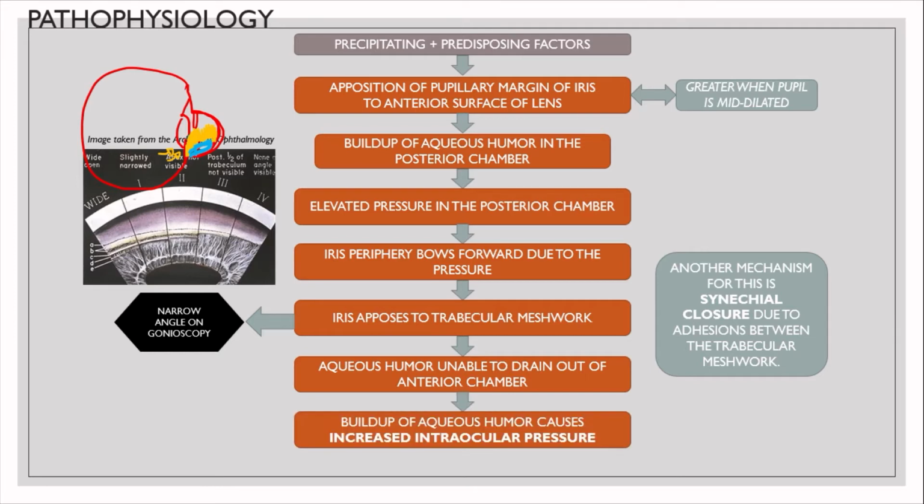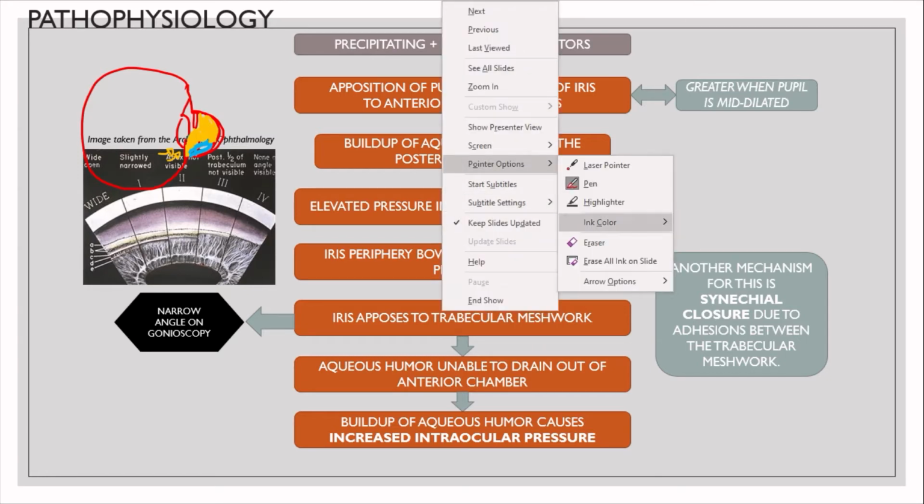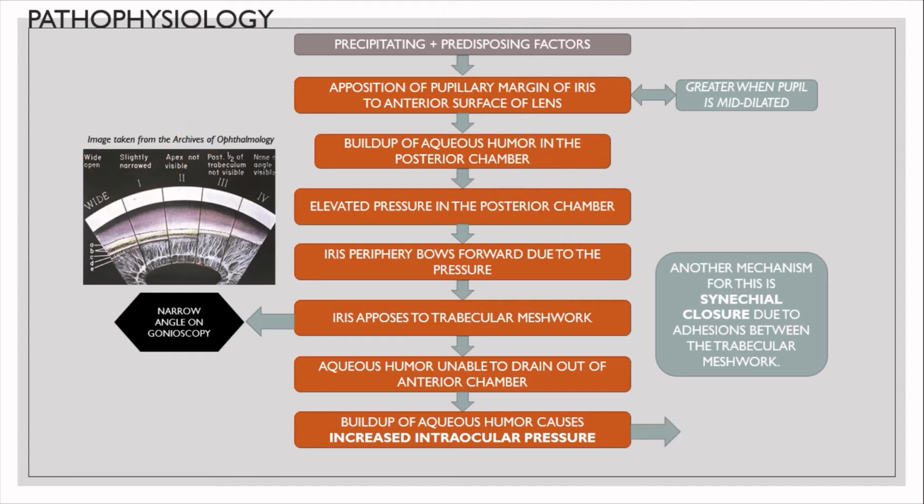Although whether it's synechial or due to apposition, it causes the buildup of aqueous humor, increasing our intraocular pressure. And this we can observe as an intraocular pressure of more than 20 millimeters mercury on tonometry, or when we palpate the eyeball, it will be rock hard.